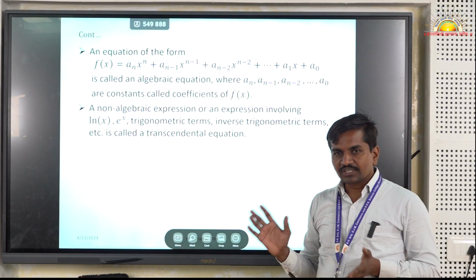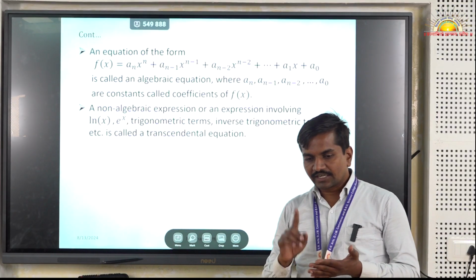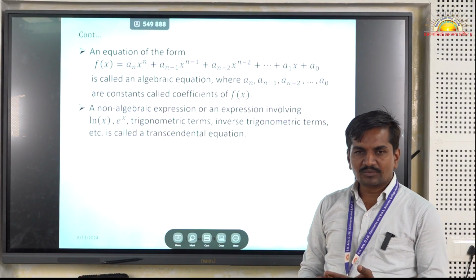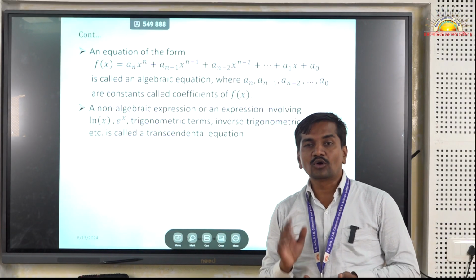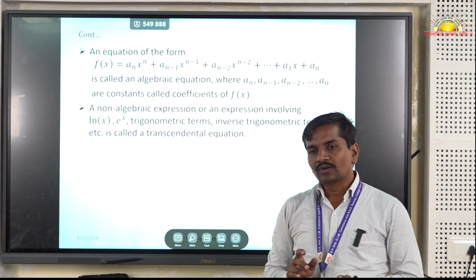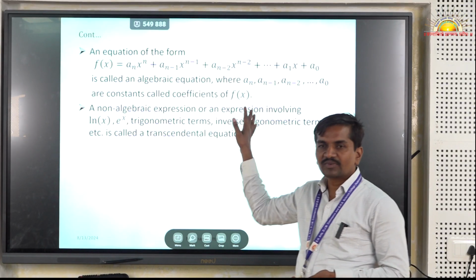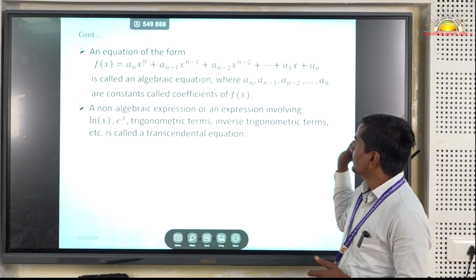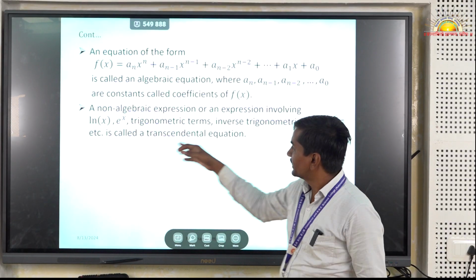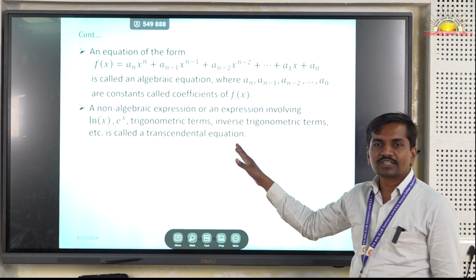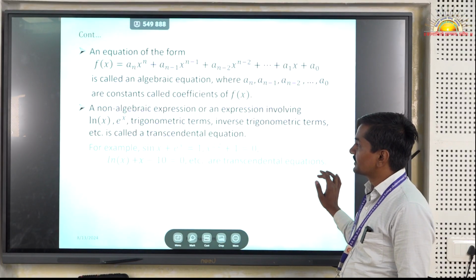Other equations, that means those containing trigonometric terms, for example sin x, cos x, tan x, or logarithmic terms like log x, or exponential terms, that is, non-algebraic expressions involving logarithmic, exponential, trigonometric or inverse trigonometric terms, are called transcendental equations.